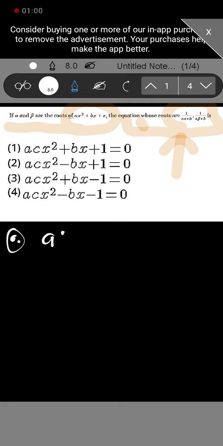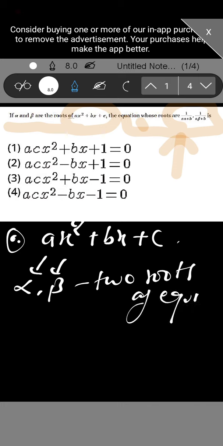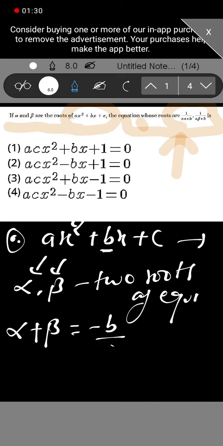If we have a given equation of the form ax² + bx + c, and alpha and beta are the two roots of this equation, they must satisfy two properties: the sum of roots is equal to -b/a, and the product of the two roots is c/a.